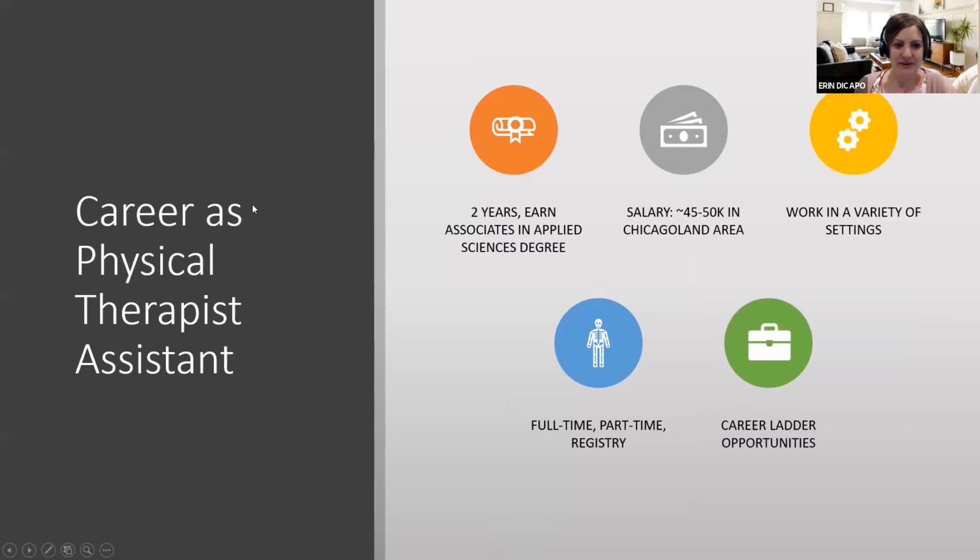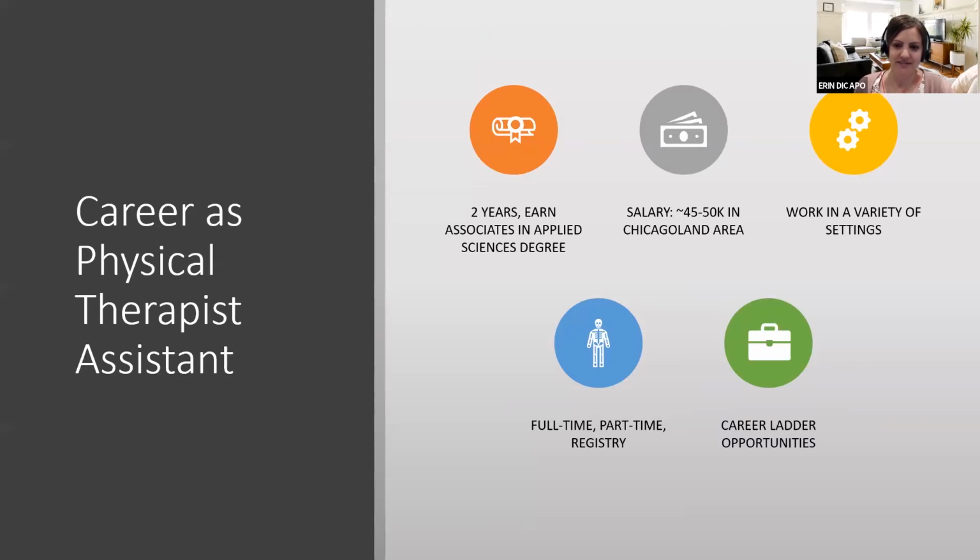So what does a career as a physical therapist, or the physical therapist assistant, look like? In terms of time commitment, you're looking at 2 years, and it's an associate's in applied science degree that is earned. And when you talk about degrees of economic value, I think PTA is awesome. 2 years, a very respectable salary in terms of your position.